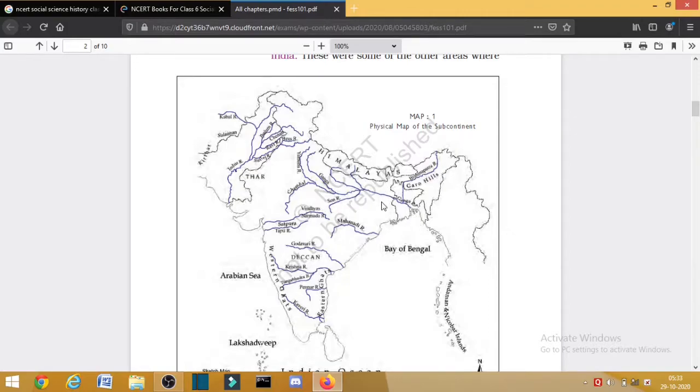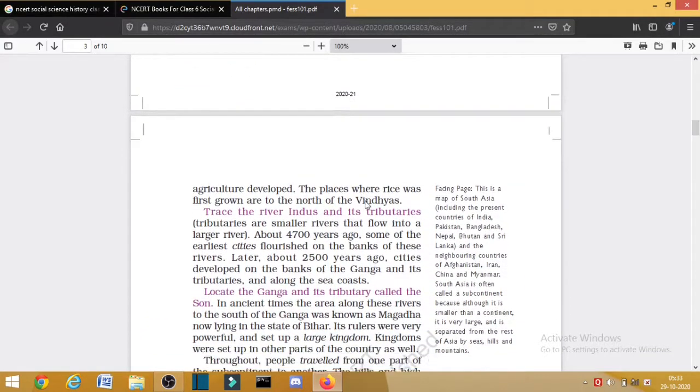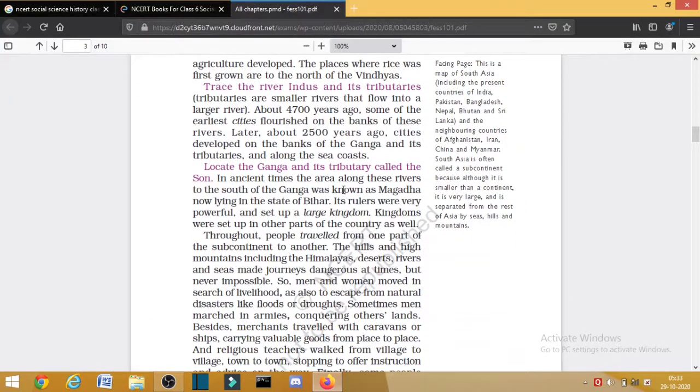It flows like this. So later, about 2500 years ago, cities developed on the banks of the Ganga and its tributaries and along the sea coast. The sea coast means the side of the sea. Cities started to settle there.